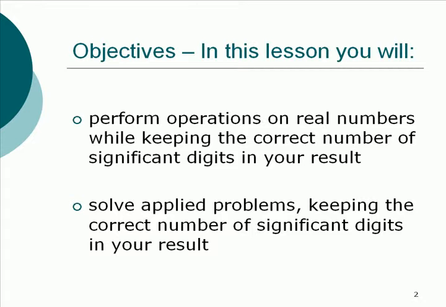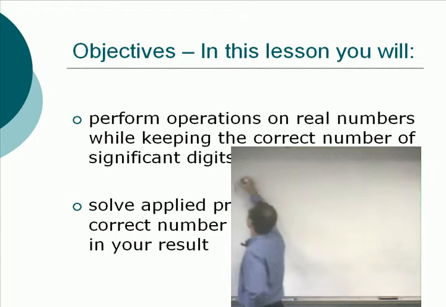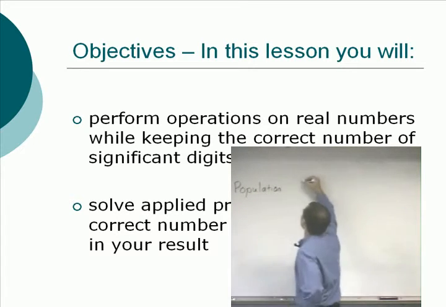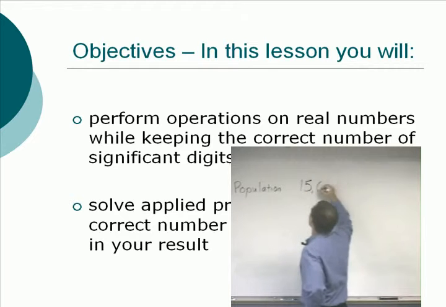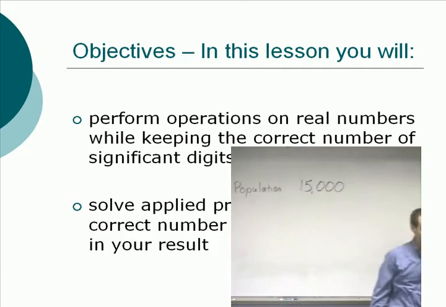I'm going to start out with an example to let you see kind of why this is necessary. Let's go back to our town with a population of 15,000 people again. Here's what happens. The town has a population of 15,000 yesterday, but today, property taxes got a little bit too high.